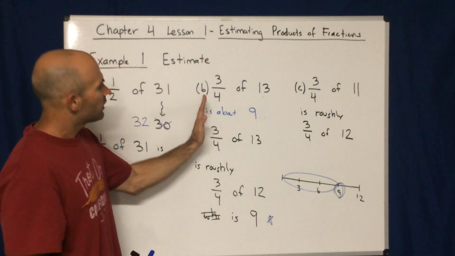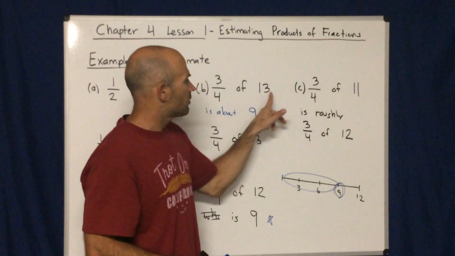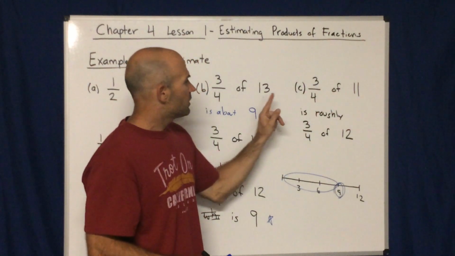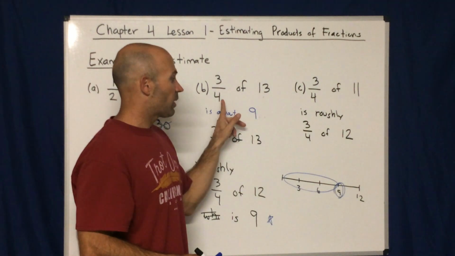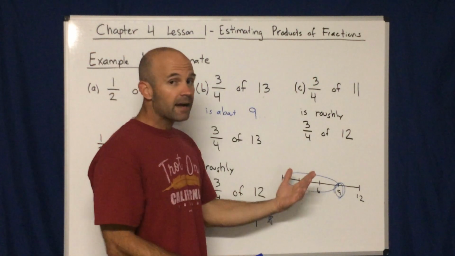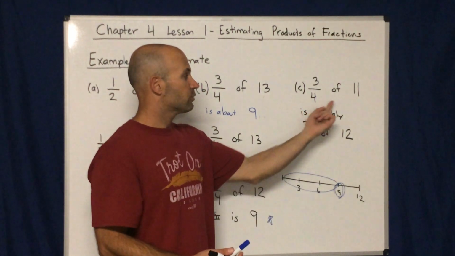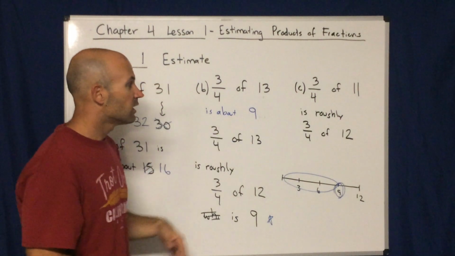I wanted to do an example, B and C, where while these numbers here might differ, because they're both close to 12, which is divisible by 4, our estimates end up looking the same. Now, of course, the exact answers differ. If I were to compute exactly 3/4 of 11, that's not going to be the same as exactly 3/4 of 13.